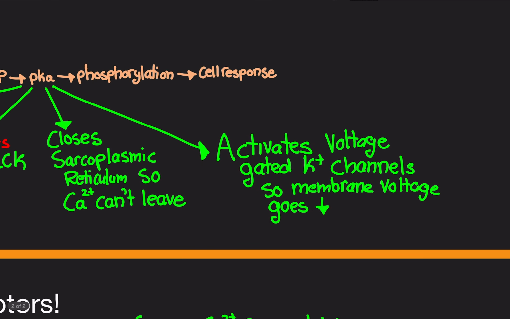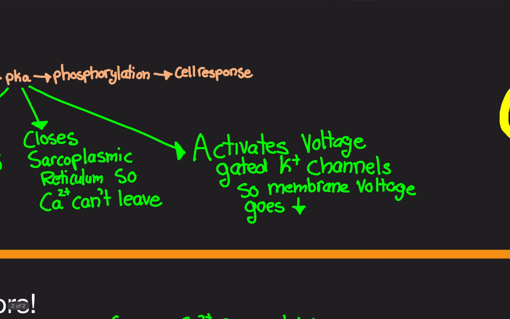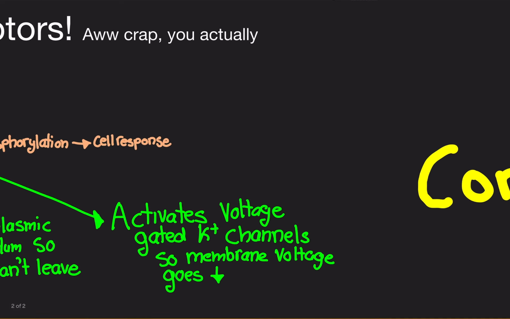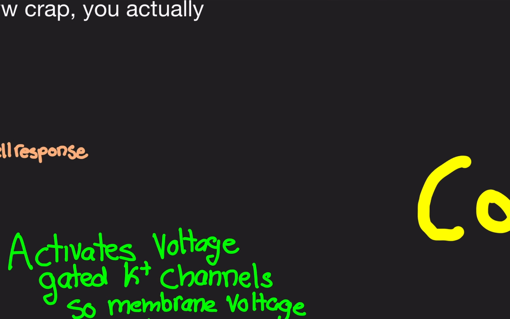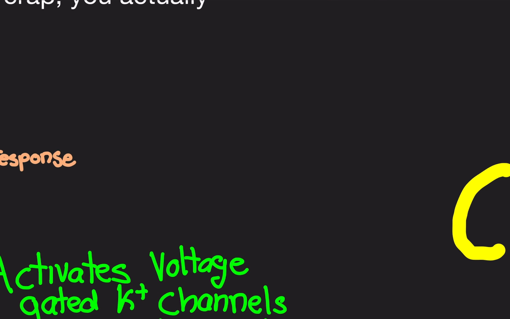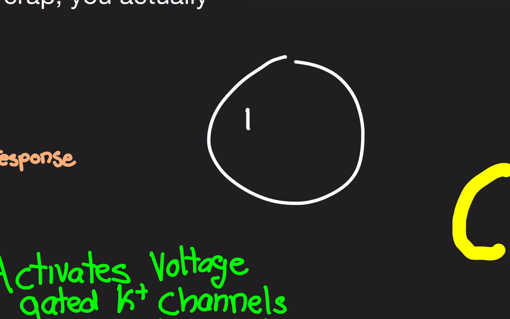What PKA also does is it activates voltage-gated potassium channels, so the membrane voltage goes down. Originally, in a cell, there's a high amount of potassium inside and not much outside.